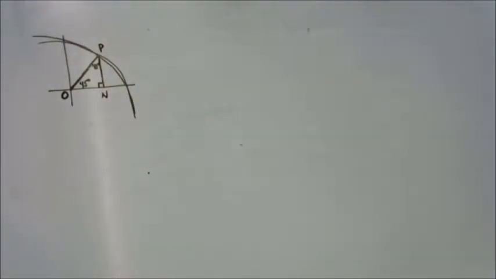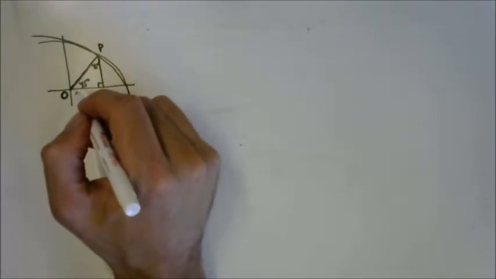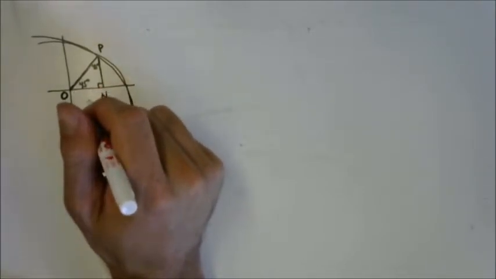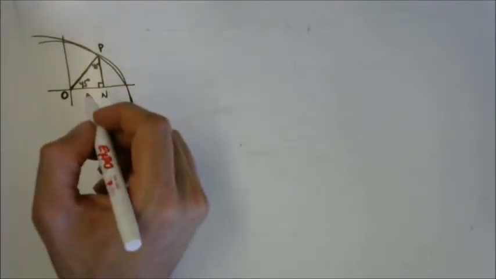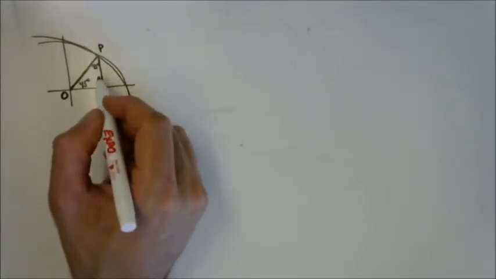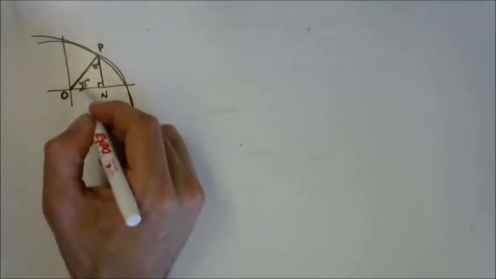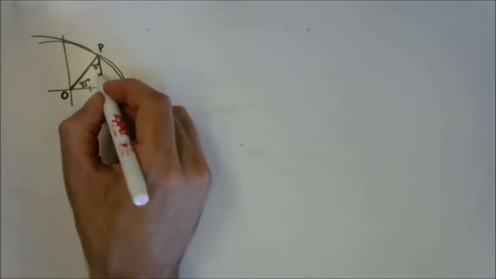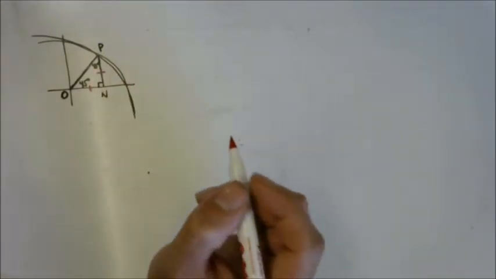So we have triangle PON, where angle N is a right angle. Angle O and angle P are both 45 degrees. This is a right isosceles triangle, an isosceles triangle because the two bottom angles are the same. What does that mean? That means that these two side lengths are also the same. Okay?